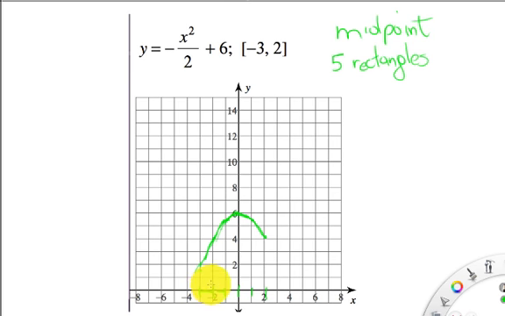So over here, if this is my base, this is the midpoint of my base. So I'm going to trace it up to its function value. So it's going to be somewhere over here. And note that we can actually find the exact values here.